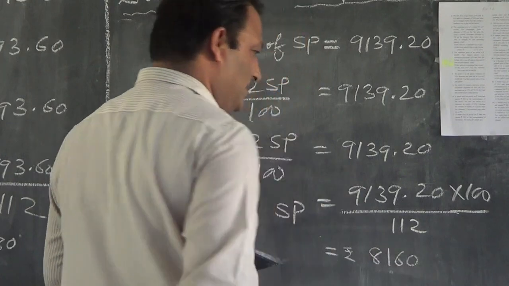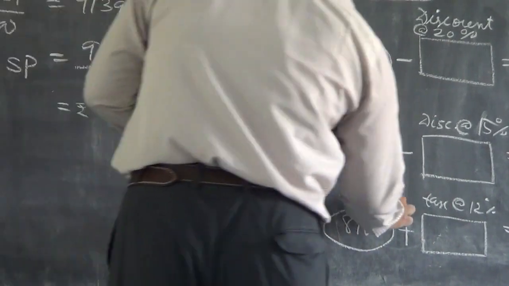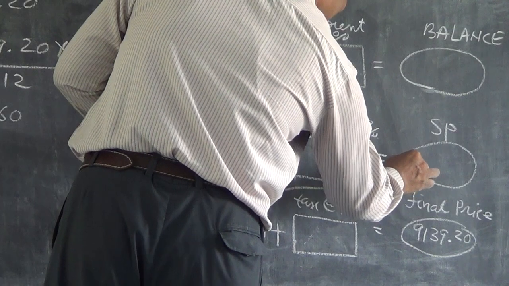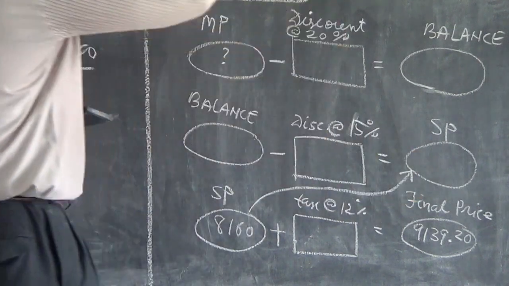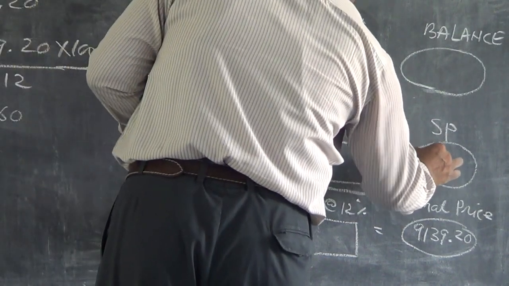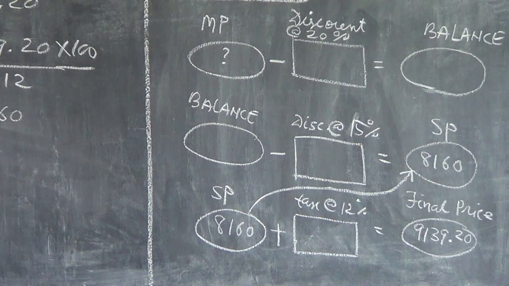So we can write here, children, 8160. And now this SP will flow here. See, this is how we are going to solve, and that SP is 8160. Once you get this 8160, that will give you the balance.